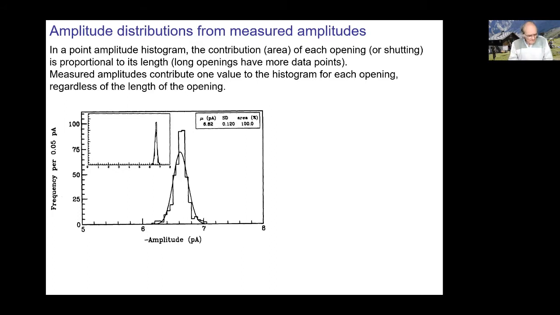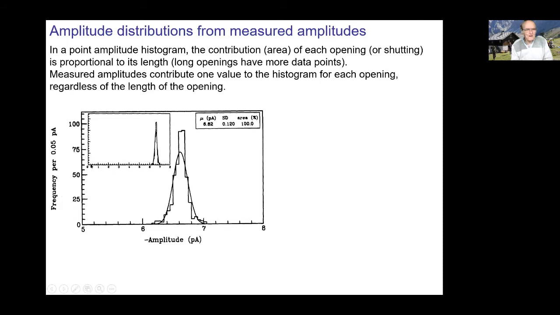And that's because if you're plotting the distribution of all the individual data points, then a long opening will contribute more data points than a short one. Whereas if you're measuring the amplitudes as in SCAN, then each opening contributes one amplitude.